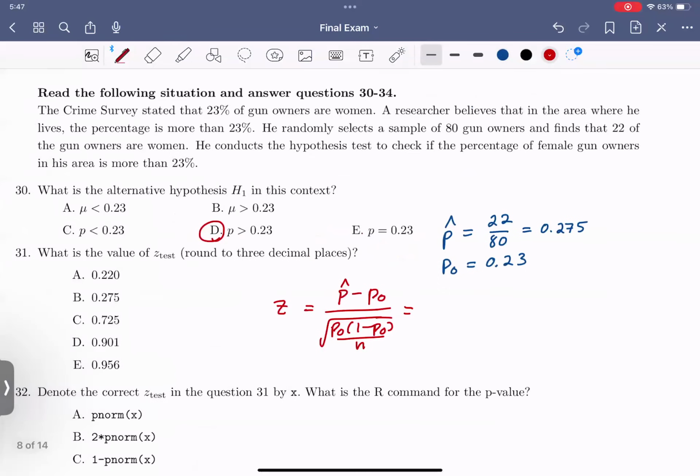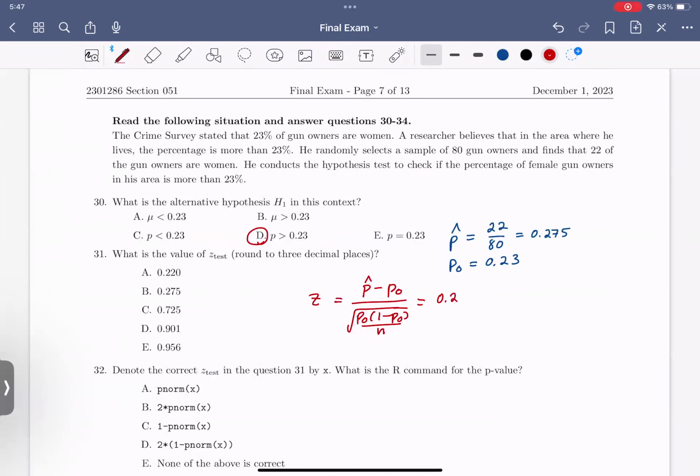And then what you have here is 0.275 minus 0.23 over square root of 0.23 times 1 minus 0.23, which is 0.77, right? And then over n, which here is actually 80. Once you hit the calculator here, you should get the answer.